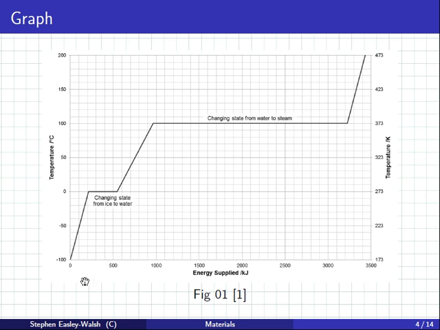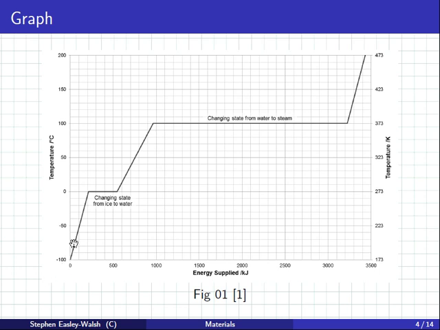At the very beginning you have no energy. Then some time passes and you've provided 500 kilojoules, 1,000 kilojoules, 1,500 kilojoules, and so on. And the temperature for this ice is extremely cold. At the beginning it's at minus 100 Celsius.